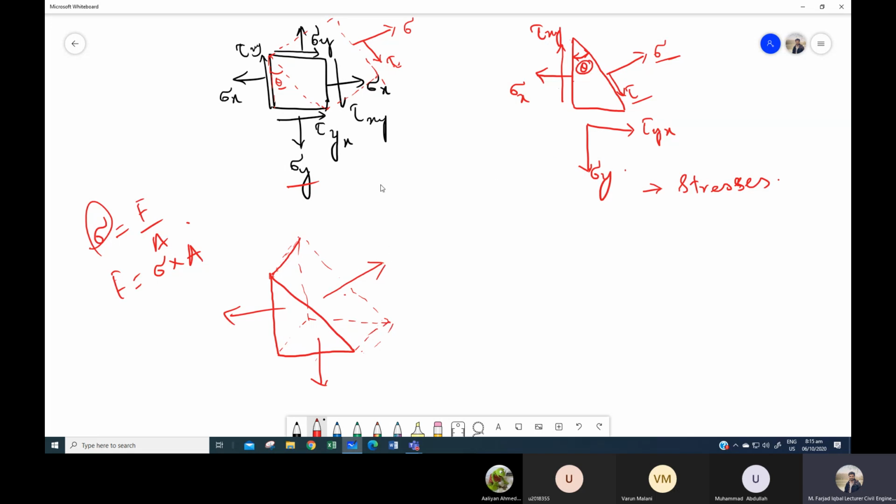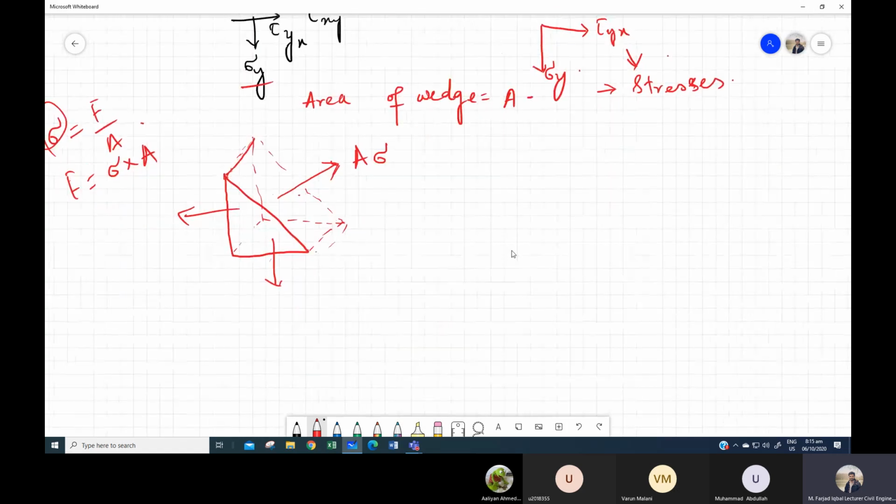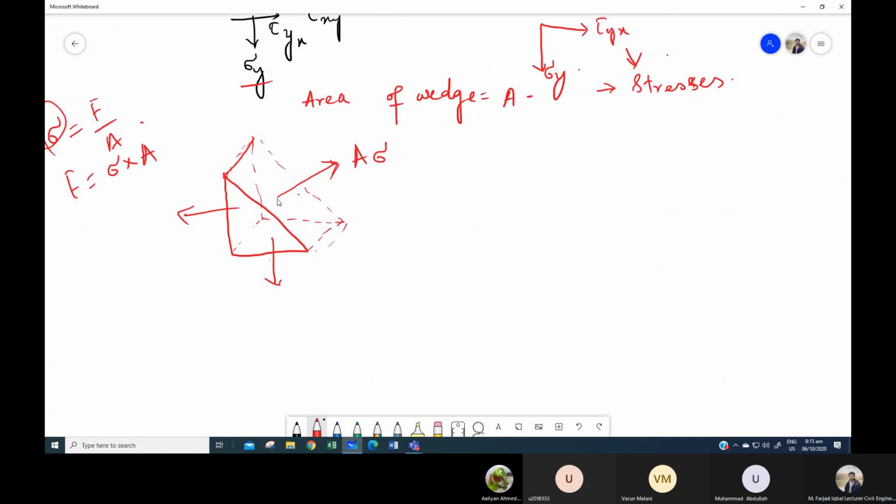Let's suppose that the area of this wedge is equal to A, right? So this is sigma, and if I multiply this A with sigma, I will get the force. Now this figure was for the stresses and this figure is of the forces. In the same way, the shear stress which is parallel to this inclined face would be A into tau.